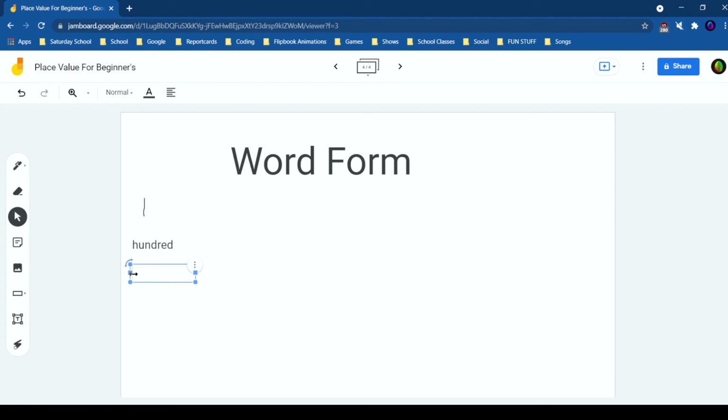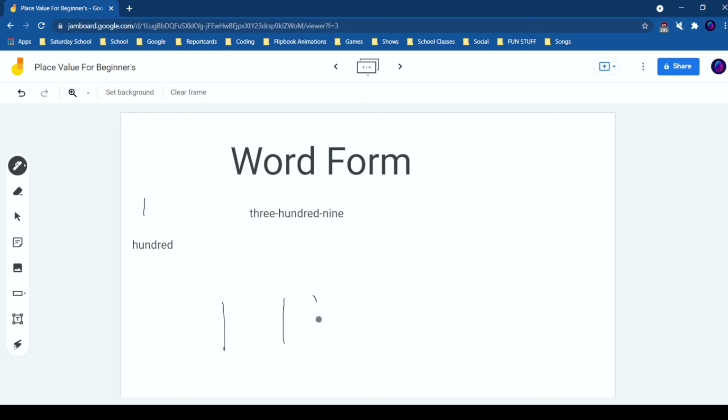So first write 300. So 3, add a dash, add 100, and then add 309. Okay, it's pretty simple. This is where place value helps you do it.